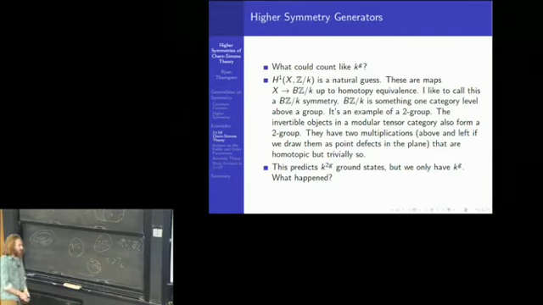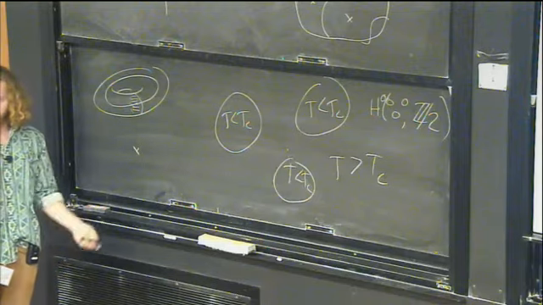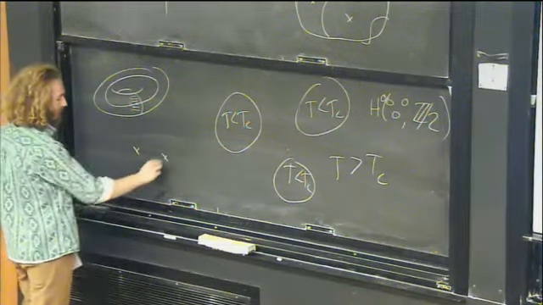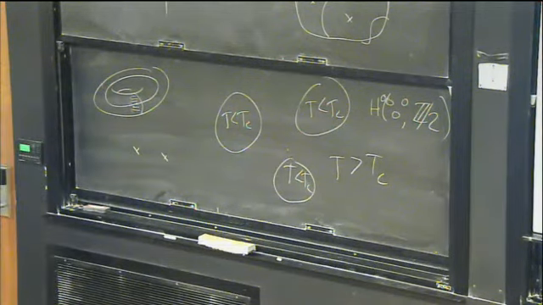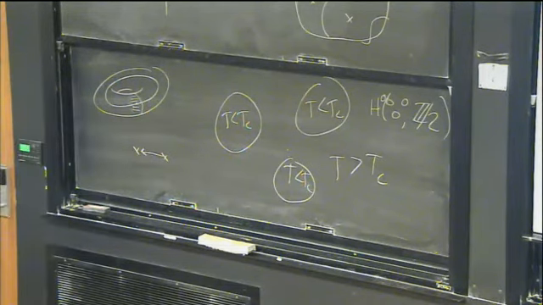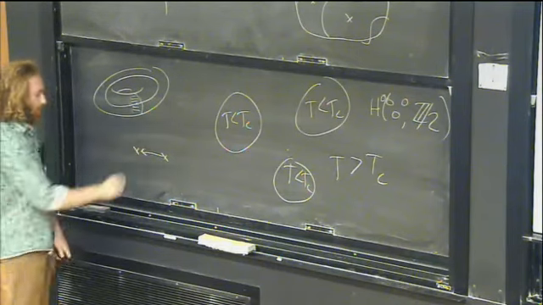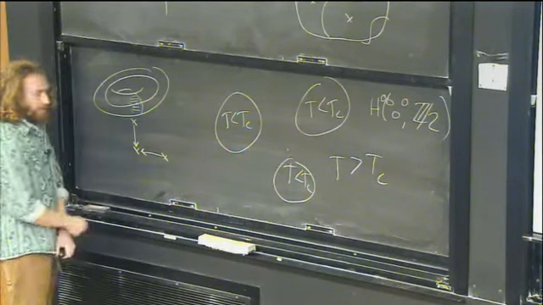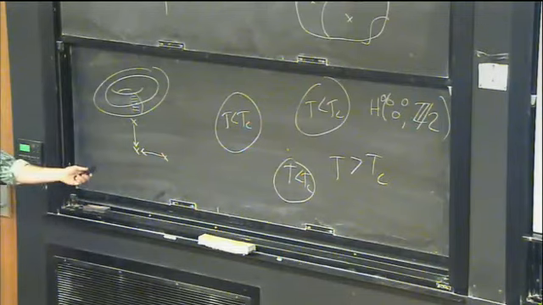2-groups have 2 ways of multiplying. And this makes sense if we have codimension 2 operators. So if I'm drawing a space picture, we have 2 point-like operators like this. And we can either multiply in this horizontal direction, or we can multiply in this vertical direction. And you'd say, oh, well, these operators are topological.